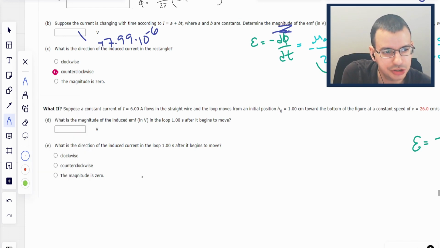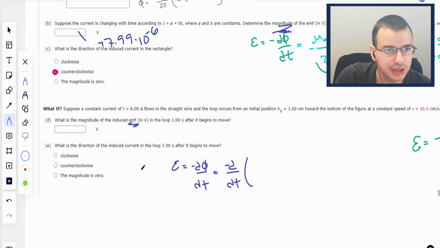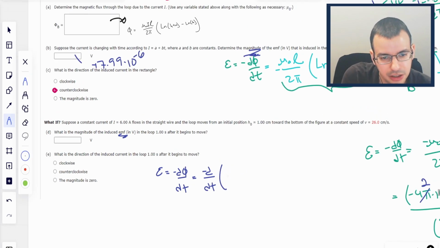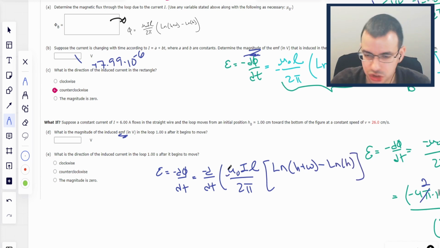So I'm going to start from the beginning. So EMF equals negative d flux dt. We know what the flux is, so I'm going to write that up. That's going to be mu naught IL over 2 pi times natural log of h plus w minus natural log of h.